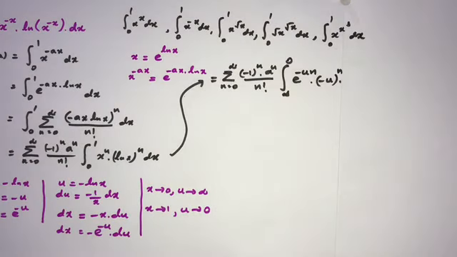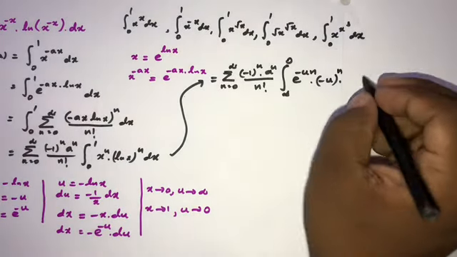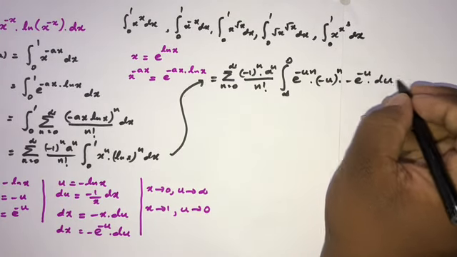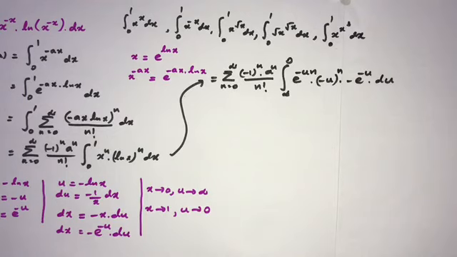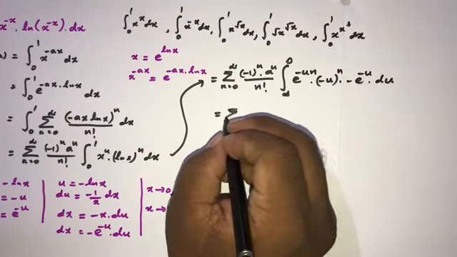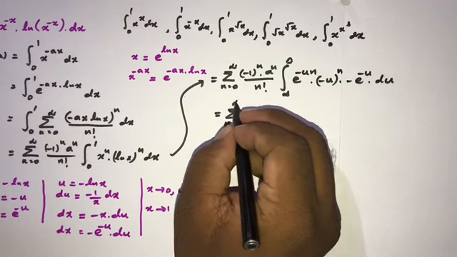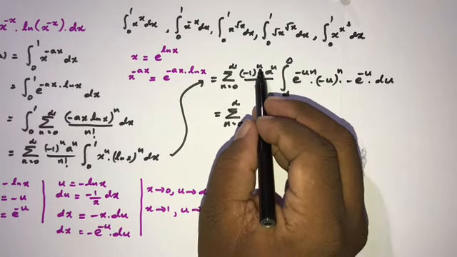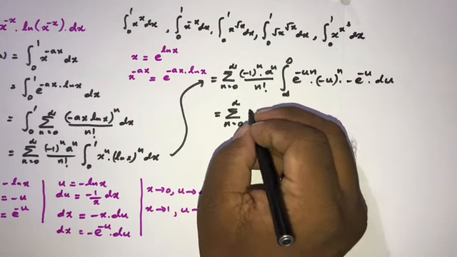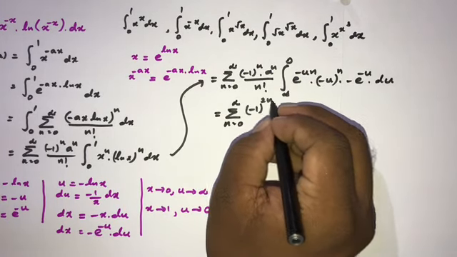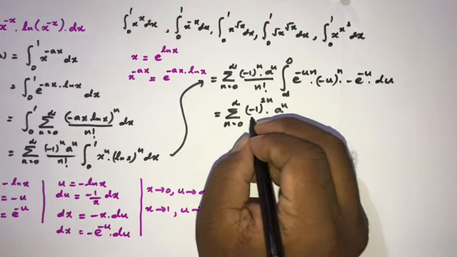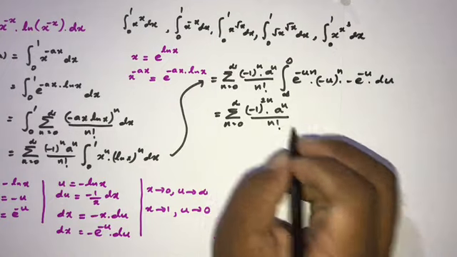Now dx is equal to minus e to the minus u du. Okay, then next step we can write the infinite sum from 0 to infinity. Here minus 1 to the n power, and also here minus 1 to the n power, so we can write minus 1 to the 2n power times a to the n power over n factorial.